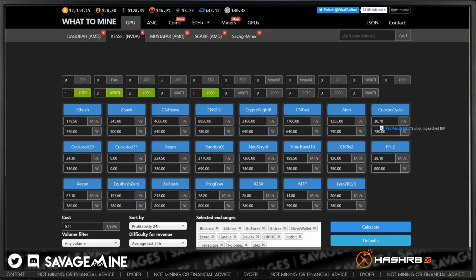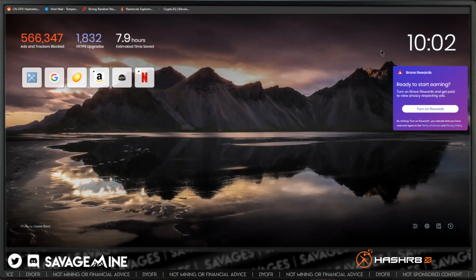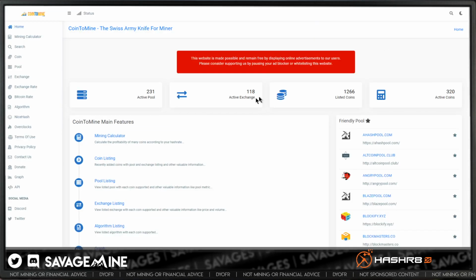But if you want to get down in the weeds and do a little bit of fine tuning, which we probably should, since we are looking for efficiency these days and we need to maximize our hash per watt, I would recommend going to Minerstat. And then over here on the left, you'll see overclocks.